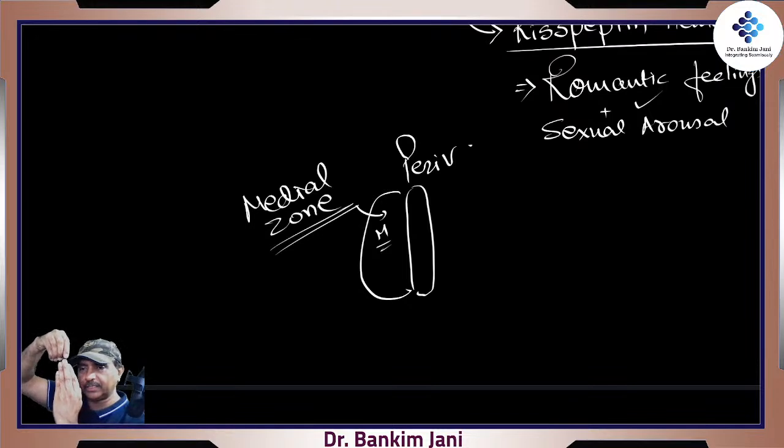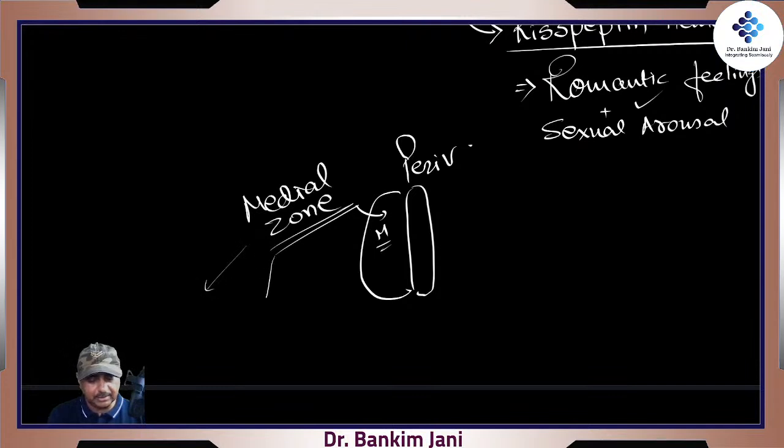But when you watch it in coronal section, this is periventricular, and this entire part is the medial zone. But when we rotate that medial zone, we find that it can be divided into four parts.